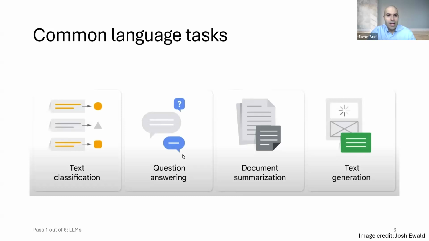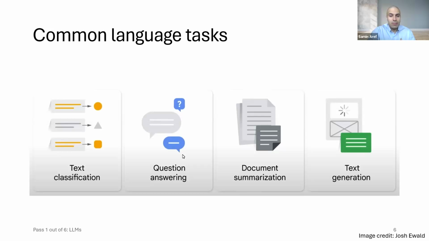Another common language task is question answering, where an AI model is used to specify answers to a given question. Document summarization, I think, is quite self-explanatory, and text generation is another common language task. So these large language models solve many of these language problems that you see.